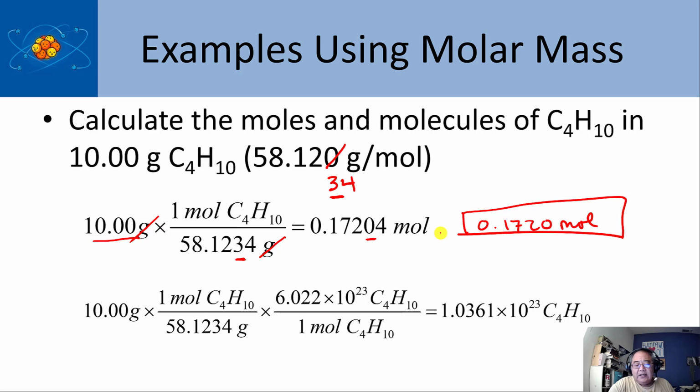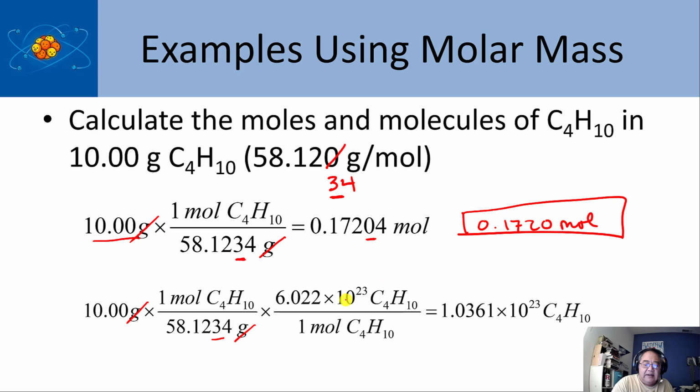Now, if I wanted to go to atoms or molecules, in this case we're looking at molecules, I'll still start with my 10 grams. I could also use this intermediate number, but if you were not asked to do this middle step, let's say you're just asked to do the number of molecules, then you would do 10 divided by 58.1234 grams. Again, 3 significant figures in that number.